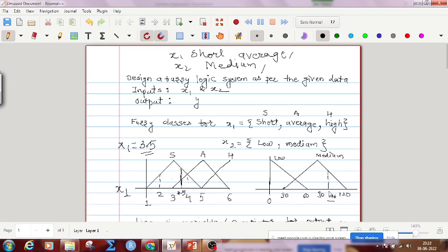Now let us find the membership for medium. Here we use this line of the triangle, so the equation of the line will be c minus x by c minus b, where c is equal to 120 and b is equal to 90.